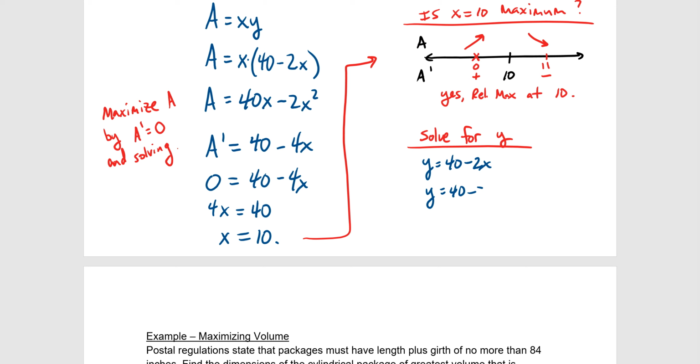So that's 40 minus 2 times 10, which is 20. So the dimensions that give us the largest area that ensure 40 feet of fencing are going to be 10 feet for x and 20 feet for y.